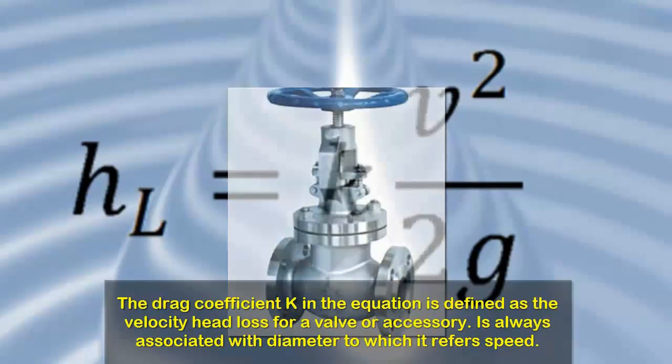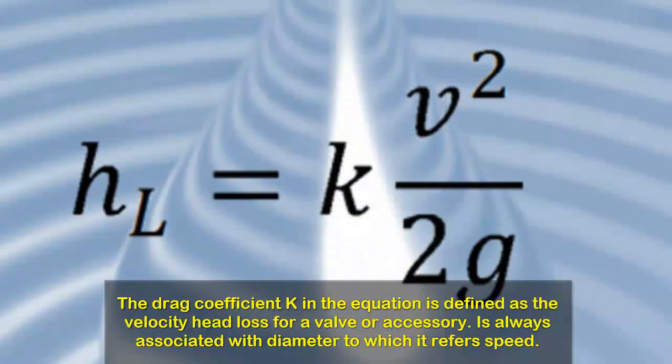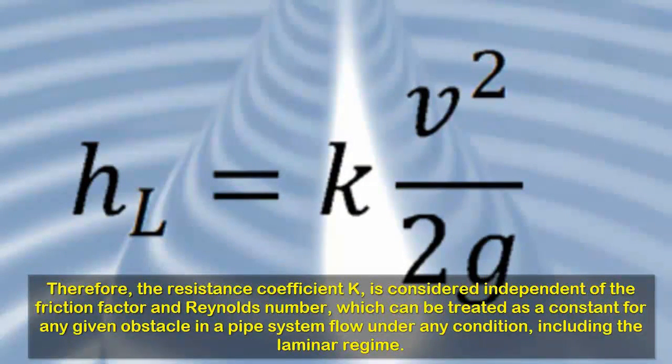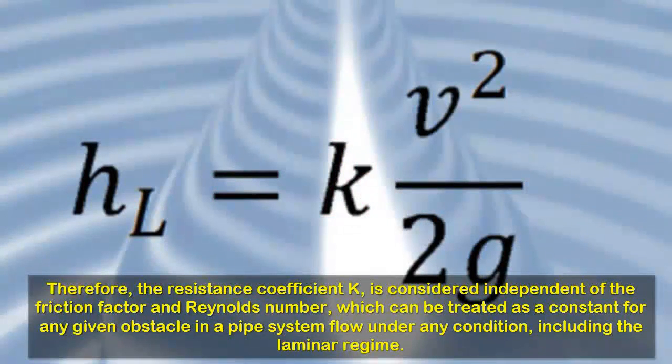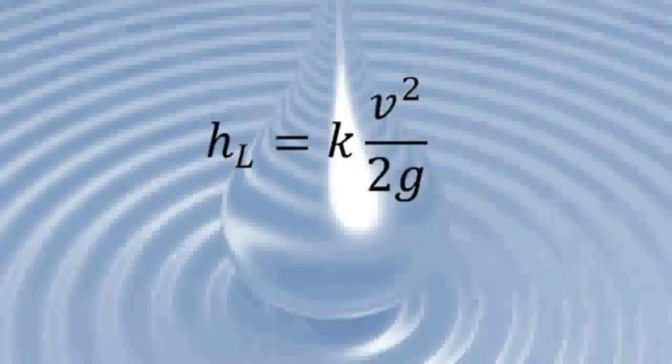It is always associated with the diameter to which the velocity refers. Therefore, K is considered independent of the friction factor and Reynolds number, and can be treated as a constant for any given obstacle in a pipe system under any flow condition, including the laminar regime.